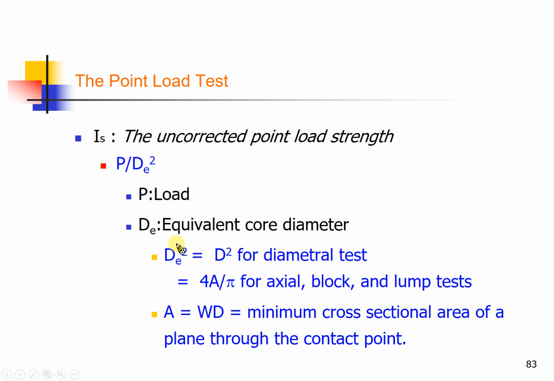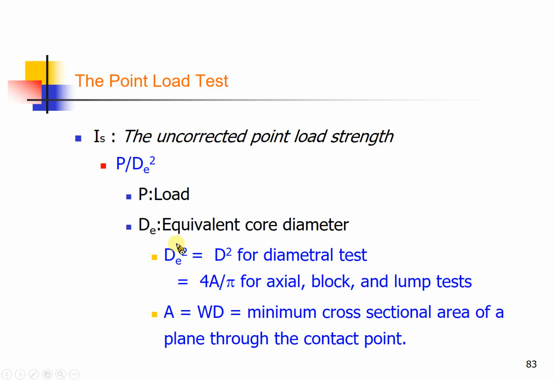So in the last hour, I introduced a lot of standards to measure the uniaxial compression strength of rocks. For the point load test, it will be very easy, very simple. You are not limited by the sample shape. You can use any kind of shape to make the calculation.